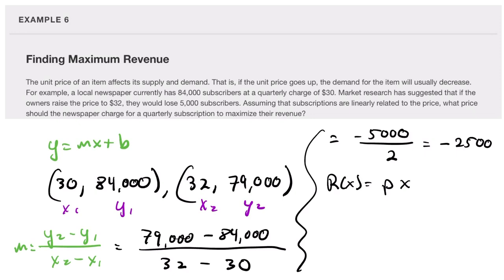Times the number of customers. Like if it were free, I feel like, let me see if there's some other information I'm missing.